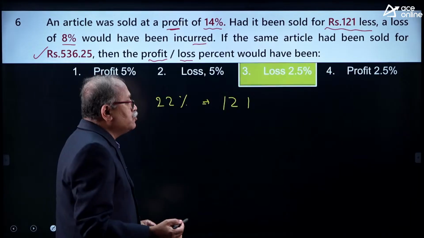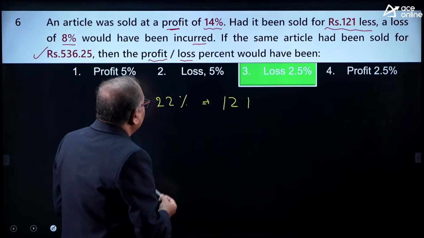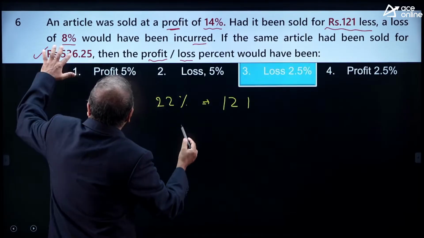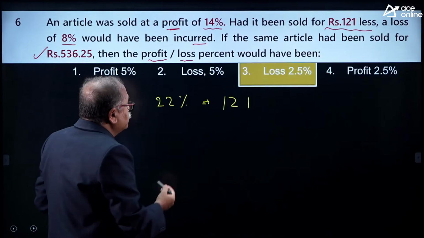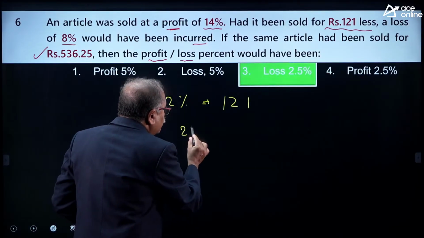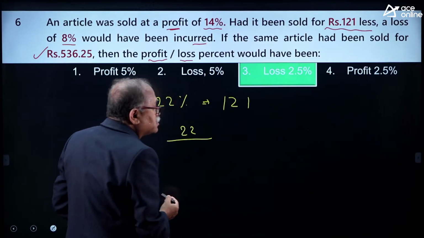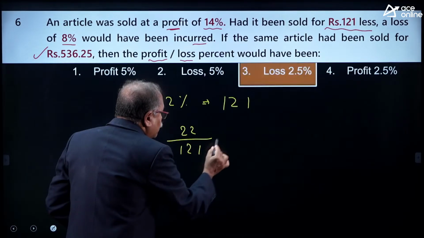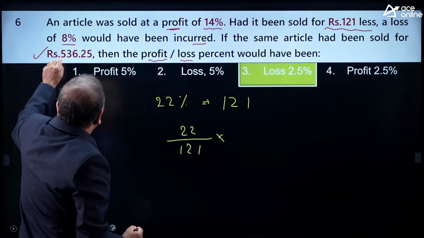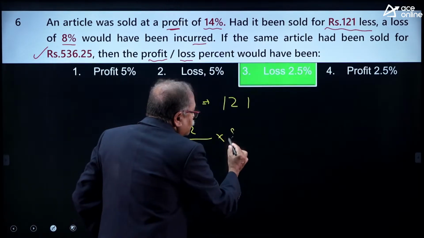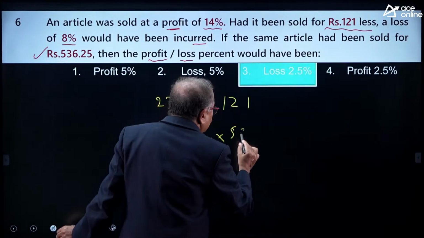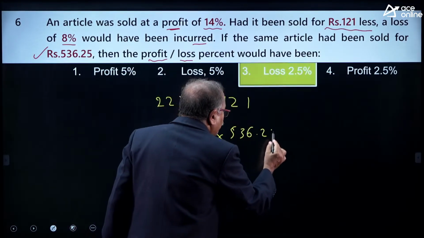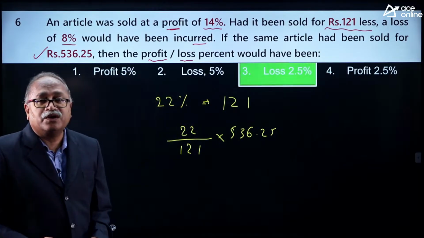Let me check whether there is a loss or profit. What we are going to do over here is find out what percentage this value is. So, if 22% is 121, then 536.25 will be what percentage?